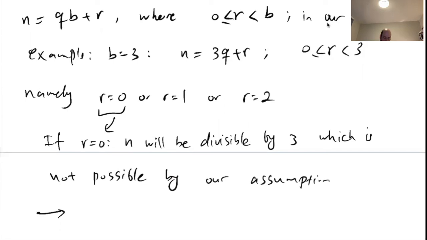So that means r equals 1 or r equals 2, so n is equal to 3k plus 1 or n equals 3k plus 2.